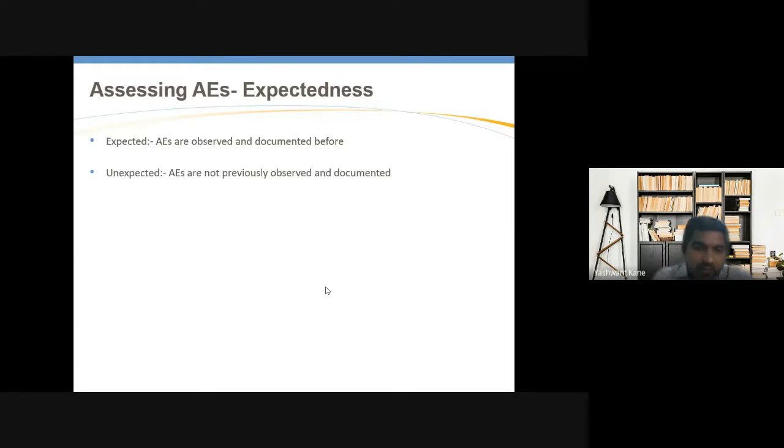Expected means there is documentation that the adverse event is already present on the label of the product, or the adverse event is already present in the investigator's brochure, IB, in case of clinical trials. Unexpected means it is not present. So that's how these three parameters, seriousness, causality, and expectedness, are assessed.